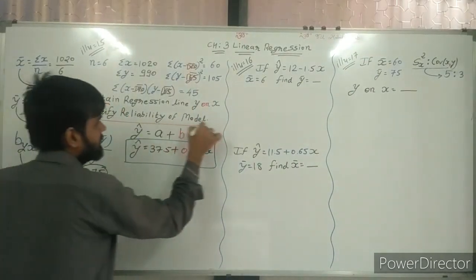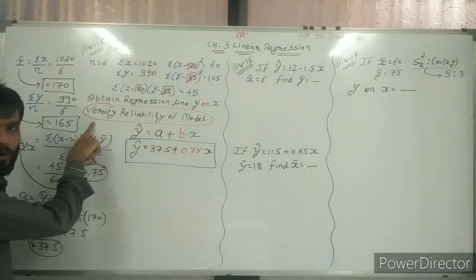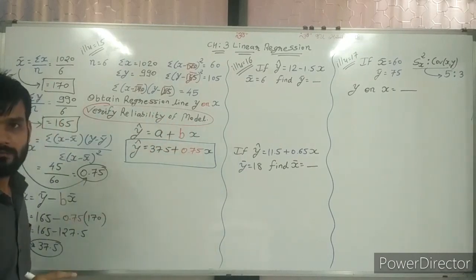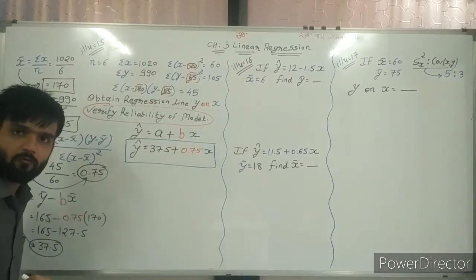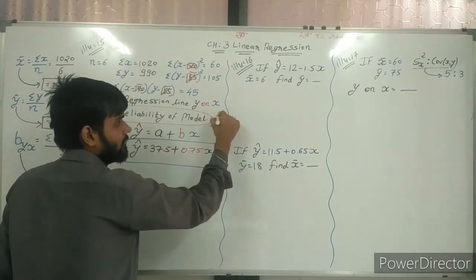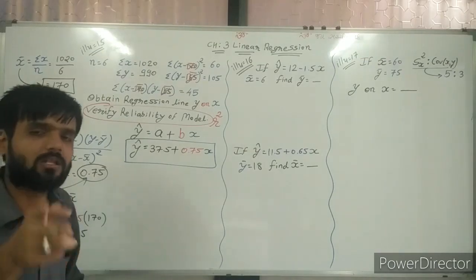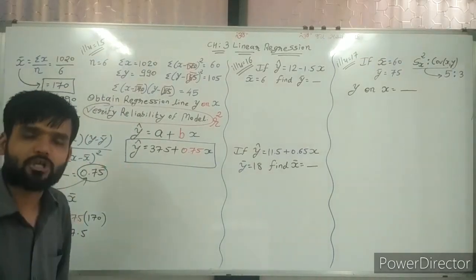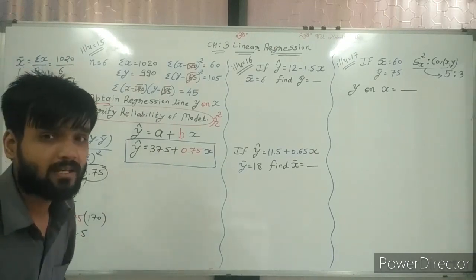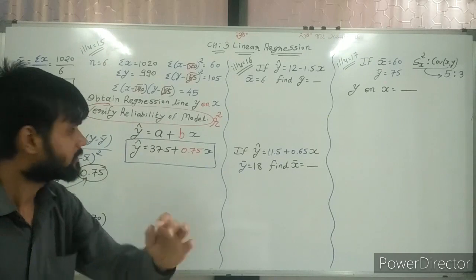Now, the most important thing: whenever you are given this type of question, verify reliability of model, then you need to find R square, and its other name is coefficient of determination.